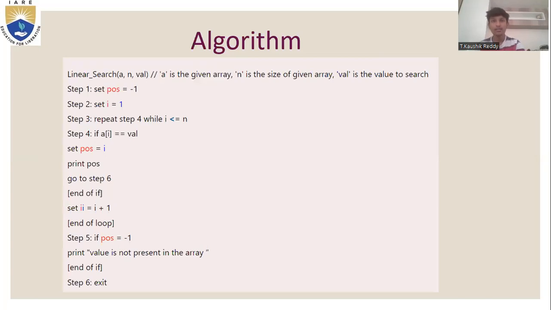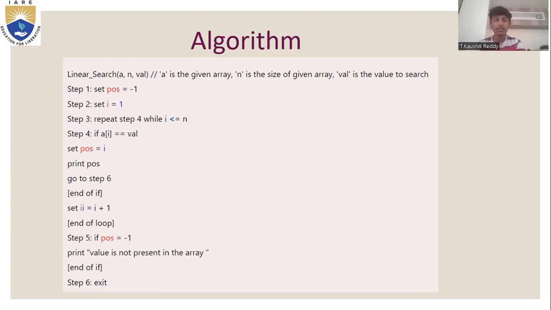So this is the algorithm. First, LINEAR_SEARCH(A, n, val). Val means value. A is the given array, n is the size of the given array, and val is the value to search. Step 1, set position = -1. Step 2, set i = 1. Step 3, repeat step 4 while i <= n.